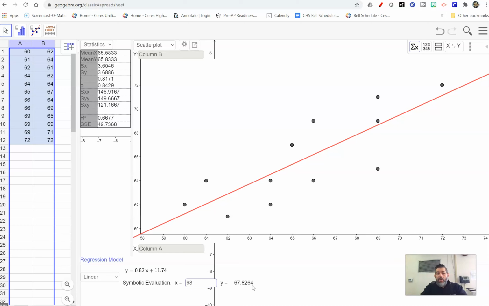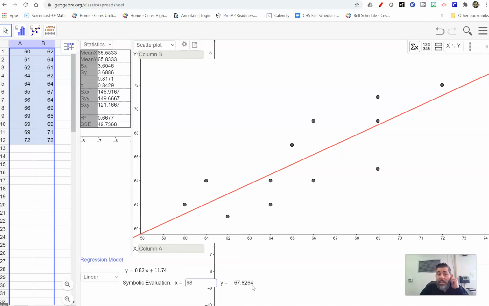Now, the guy says, well, I don't believe you. I actually did it when I was at home, and it turned out to be 70. I'm a 70-inch wingspan. And then you would say, well, this is a prediction. It's not exact. I'm predicting it based on the data that I have. So let's do the math real quick. 70 minus 67.8264. I'm 2.172 inches off.